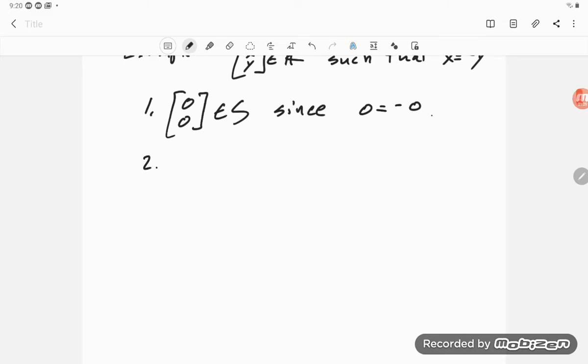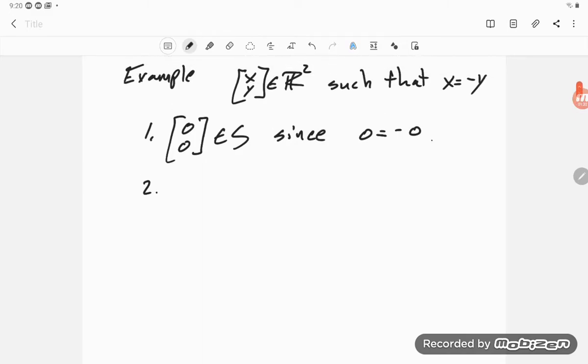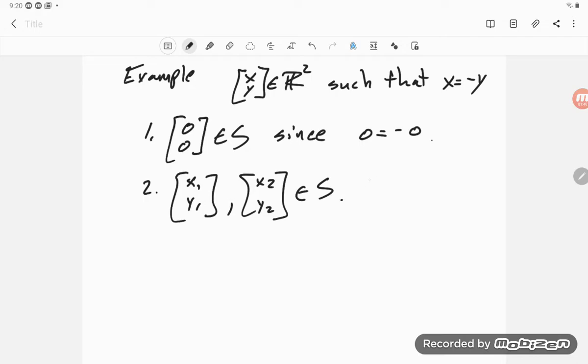Now closed under addition. Let's take (x1, y1) and (x2, y2) that are elements of S, and we'll let (x, y) equal (x1, y1) plus (x2, y2).